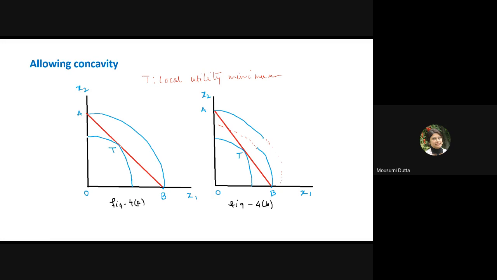Some people had economics at the +2 level, so can you suggest anything? Can we have a concave indifference curve in reality? When one good is inferior, the idea is not that clear.